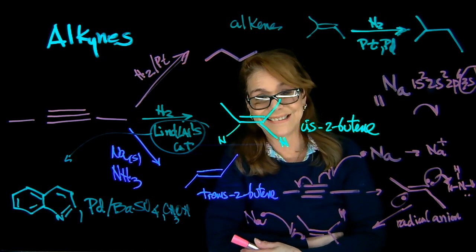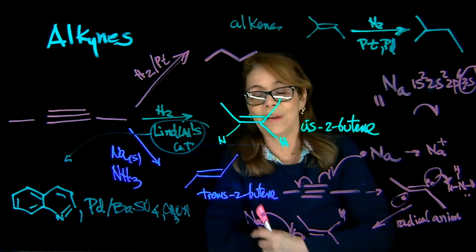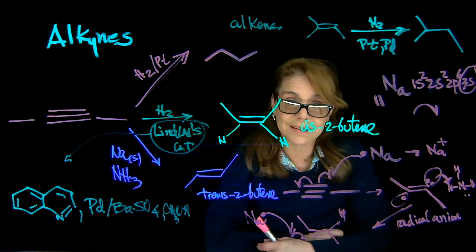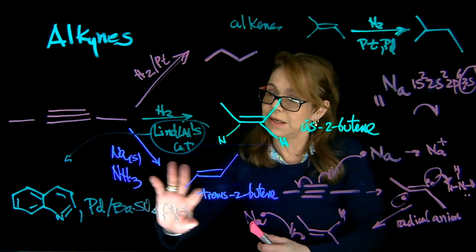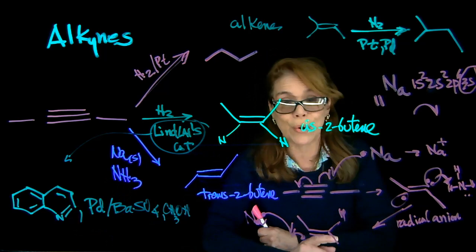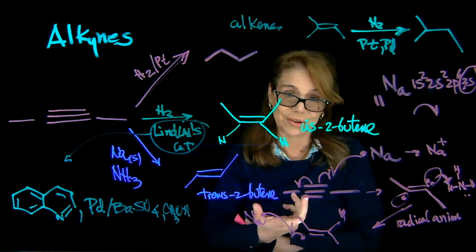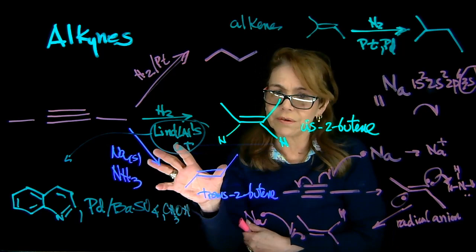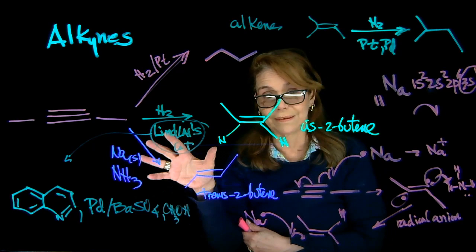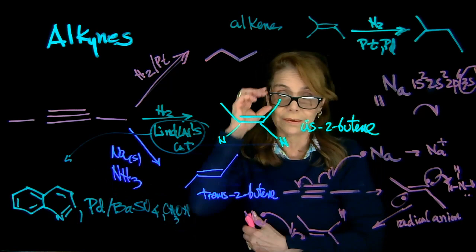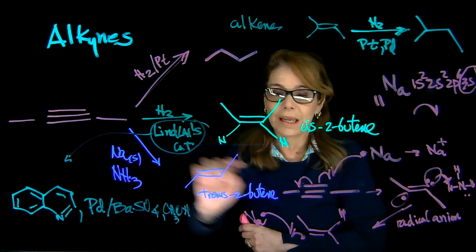If you want to get the cis alkene, then you use the hydrogenation with a poison catalyst. In this case, we have Lindlar's, and here is the formula in case you see this instead of the word Lindlar's in the reaction that you're doing. And the other reaction that we need to remember is the condition to get the trans alkene. It's always going to be a metal, an alkali metal, and ammonia.